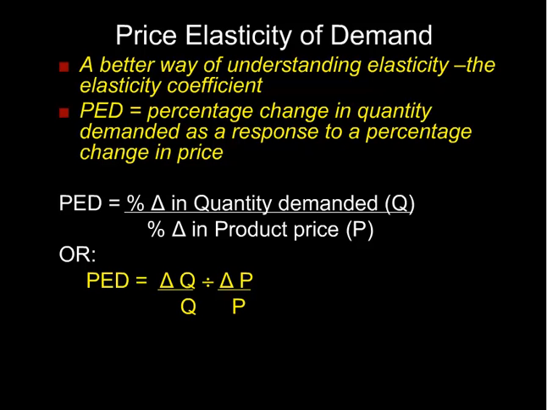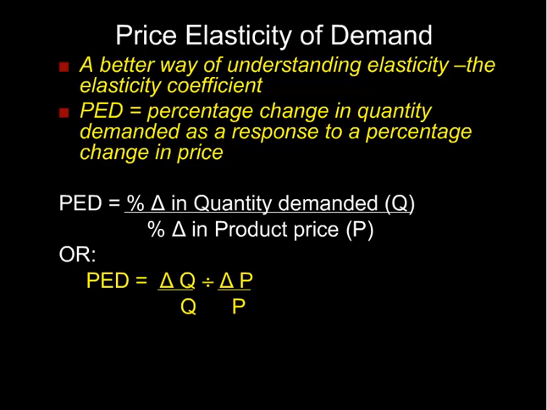And we can express that in slightly more mathematical notation as the change in Q divided by Q, and all of that is divided by the change in P over the original price P. So that's the price elasticity of demand formula: change in Q over Q divided by the change in P over P.